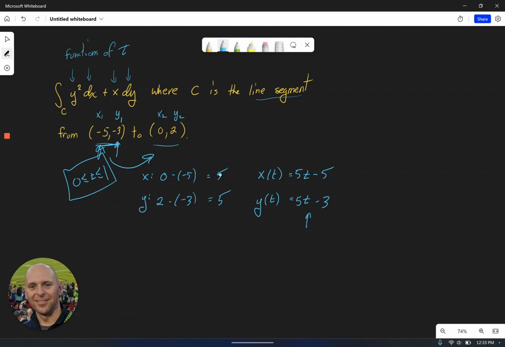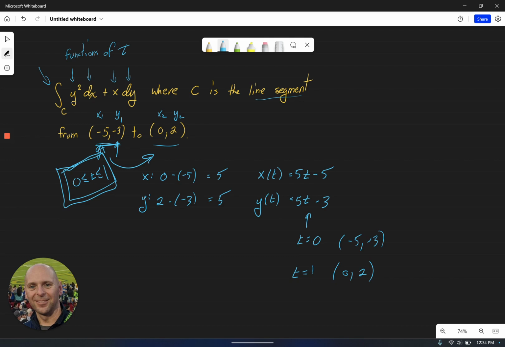If I take t equals 0, you'll see that when we put that in, we end up with (-5, -3), and if I plug in t equals 1, I get our terminal point of (0, 2). So when we're working with these particular line segments this way, we are getting a very specific range of values for t that will always map this out from 0 to 1. And that will, of course, play a role when I set up the limits for the integral.